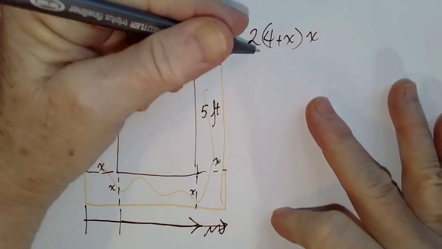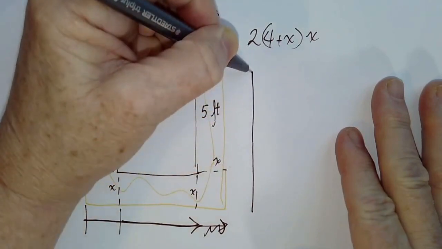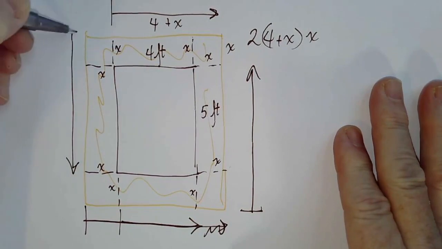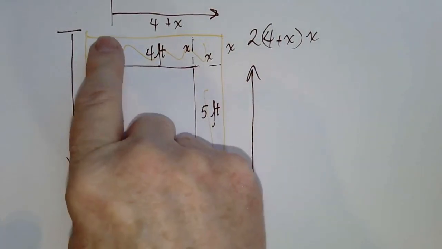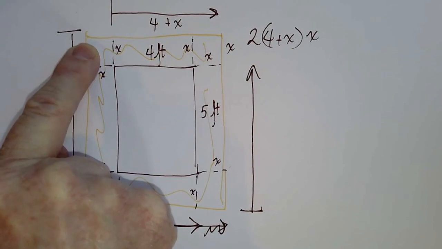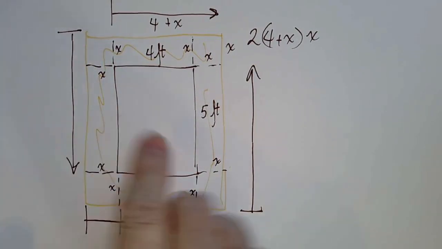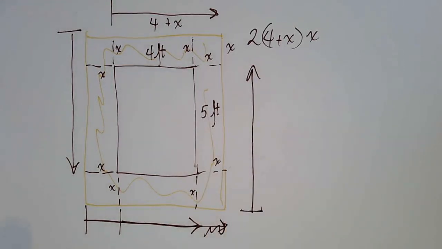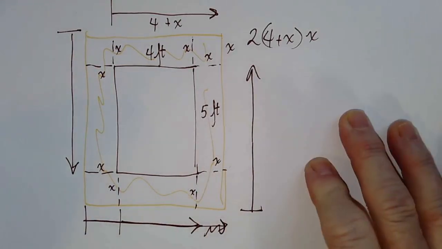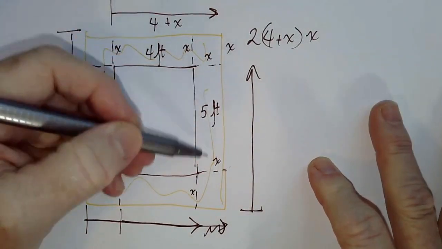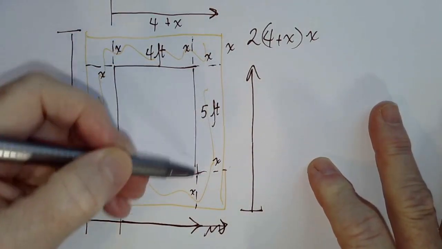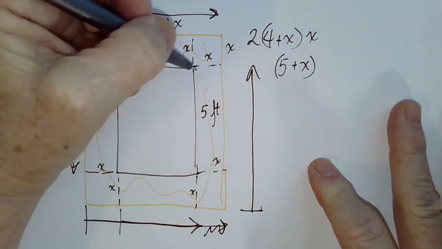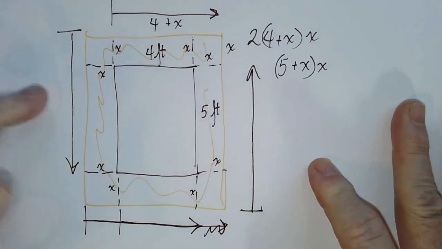And then on the sides, the left side will include the top square and the side. The right side will include the bottom square and the side. And I believe we've used all of our area. Good. So this area, it's 5 feet, 5 plus x long. The width is x, and we have 2 of them.